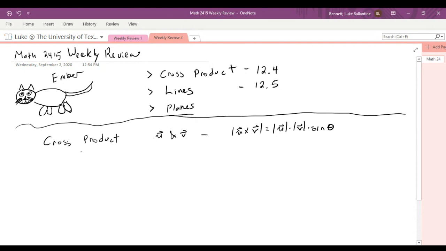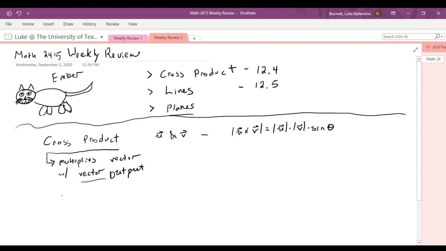The cross product is similar to the dot product in that it is a way to multiply vectors. But the only difference is we have a vector output, as opposed to the dot product, where we had a scalar, one number output. This is an entire vector.